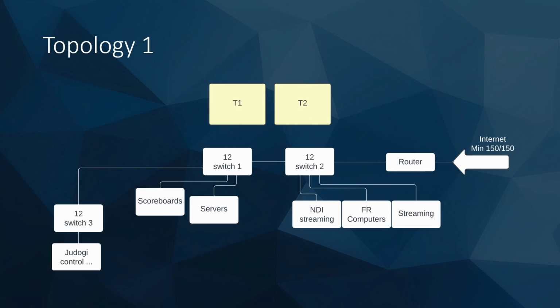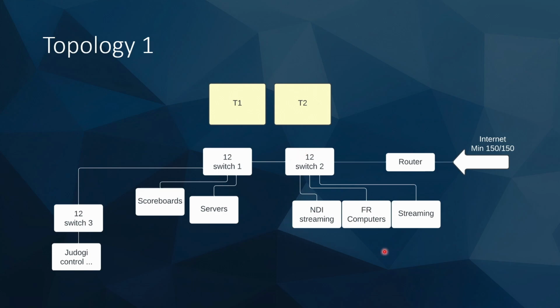Okay, so this would be the first topology. What's really important, again, for small to medium-sized competitions, of course, these are two tatamis. What's really good is to have one router over here and to have 2 different switches minimum.